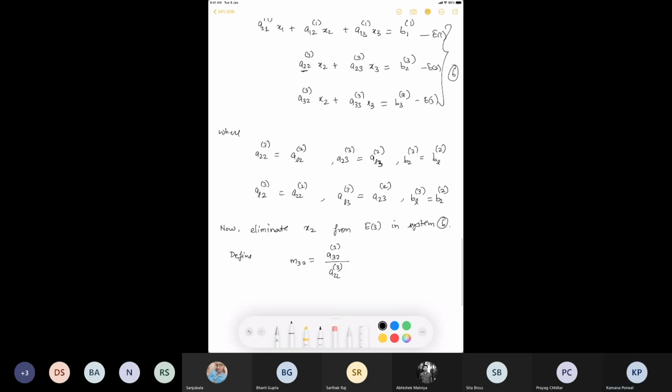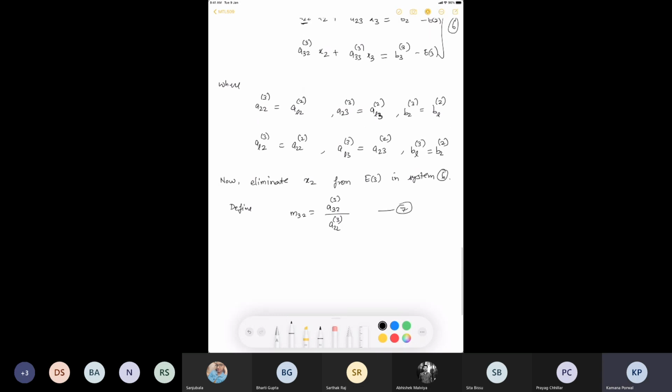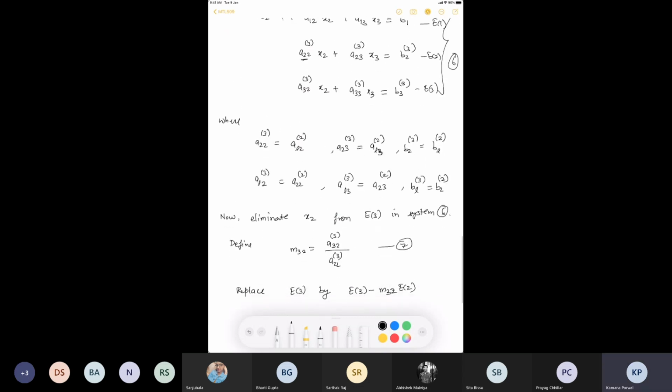Now we use this multiplier to perform the elimination step. I'm going to replace E3 by E3 minus M32 times E2. That is, I multiply the second equation by M32 and subtract it from the third equation.